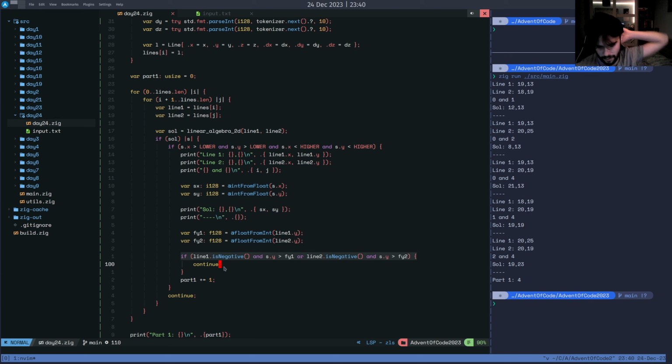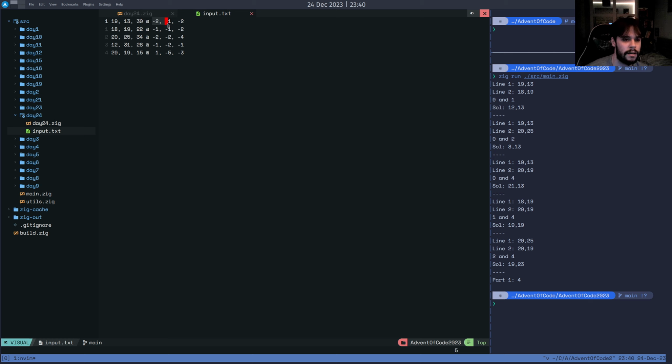4 is not right. So which ones are we still selecting? 0 and 4 we're still selecting. So it's going to be negative gradient. Oh, negative gradient.